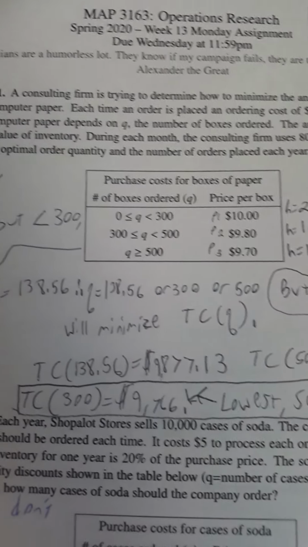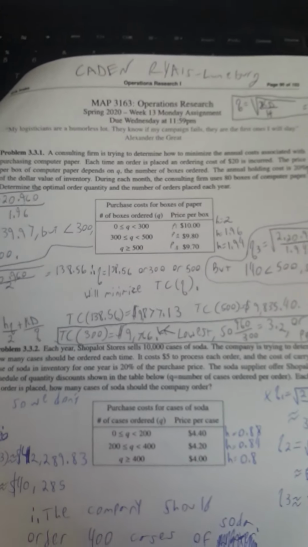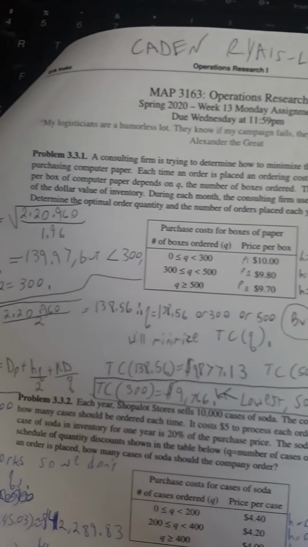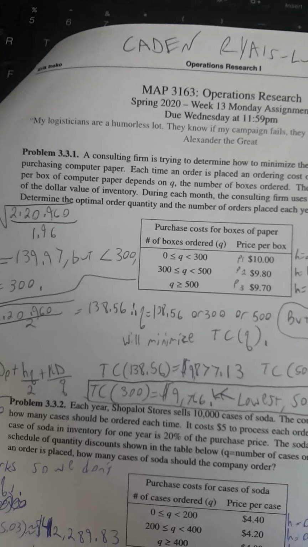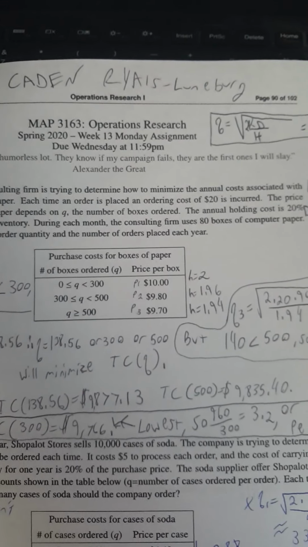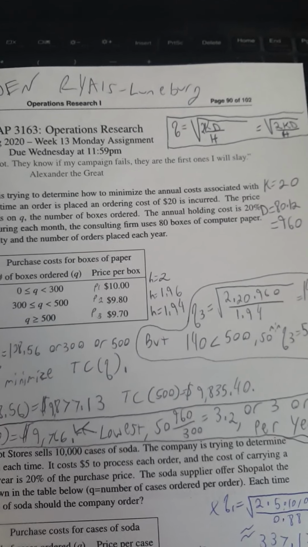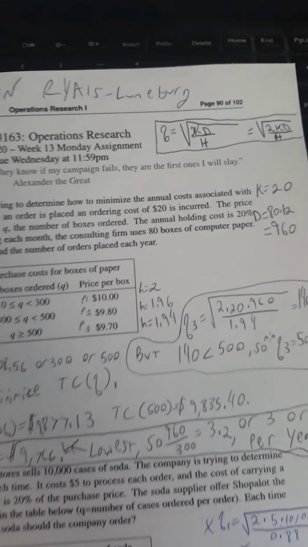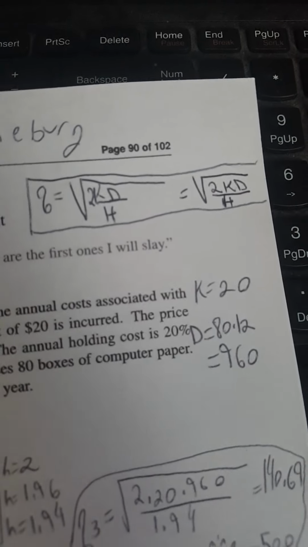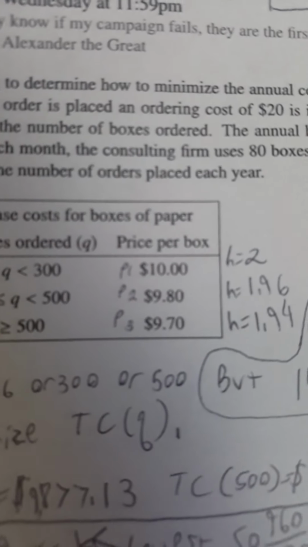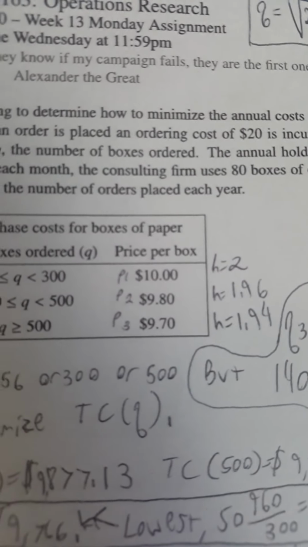With that, we see that the annual holding cost is 20% of the dollar value of inventory. So there's going to be three different H's, because our H for the 2KD over H is each of these multiplied by 0.2.